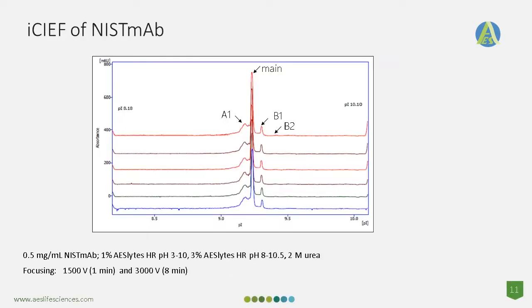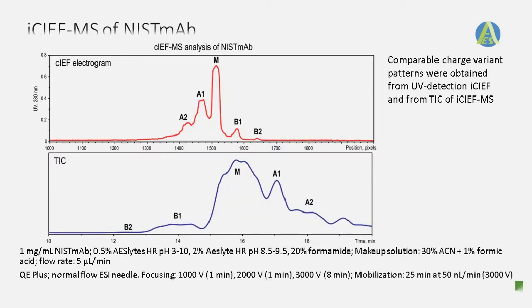This figure shows 6 repeated separations of the NIST mAb. We can see good separation and reproducibility were obtained with CIEF. Based on the established method, we can seamlessly transfer the method to CIEF-MS. This experiment is with a 200 micron MS cartridge.